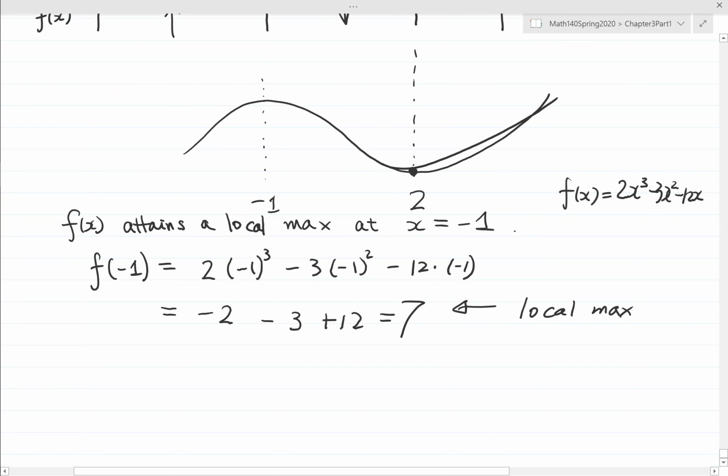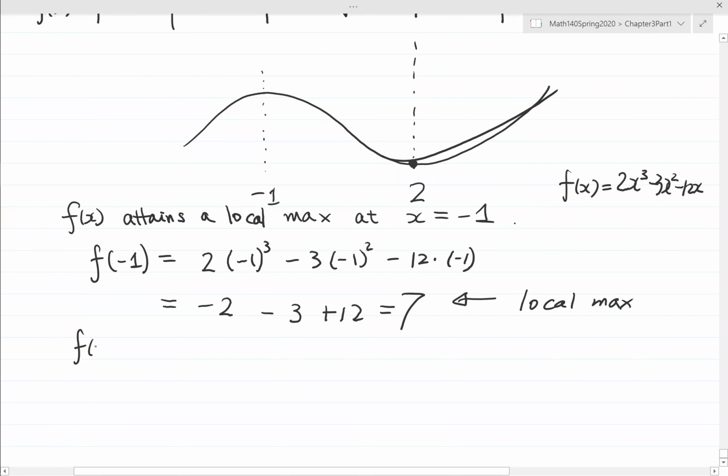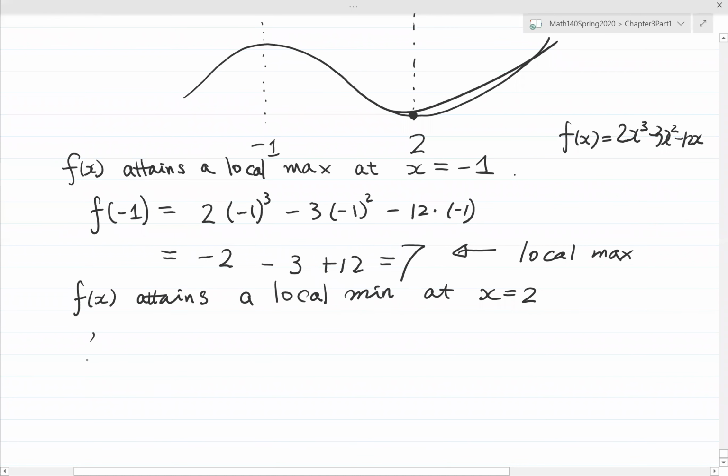And what is the local min? So f(x) attains a local min at x equals 2. And then we find the function value f(2) to be, plug in 2. So it's 2 times 2 cubed minus 3 times 2 squared minus 12 times 2.